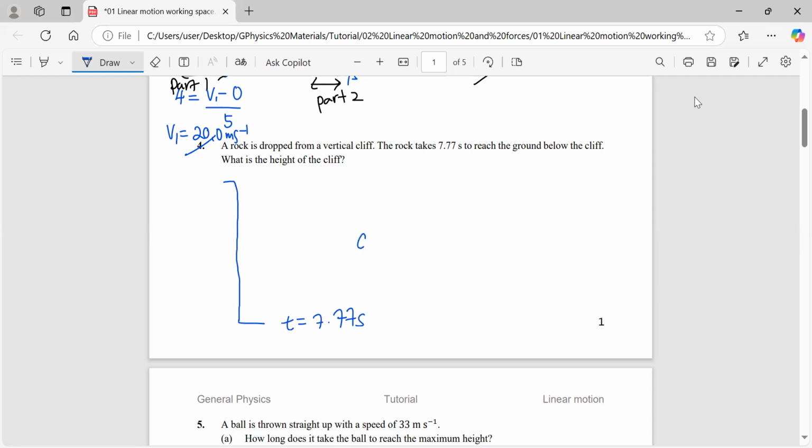We know an additional thing: acceleration must be equivalent to negative g. The object is dropped from a vertical height, so we expect the initial speed should be 0, even though the question does not mention. Because it says dropped, it has not been thrown or launched.